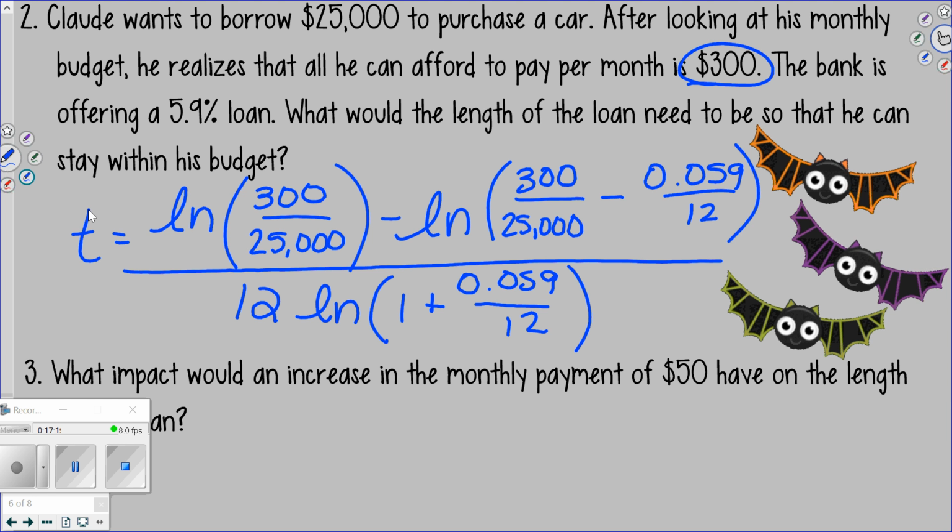Natural log, it automatically opens that. 300 over 25,000 minus natural log again. Time is always in years. All right, so take some time. Let's type it in. Make sure we can get the right answers on these calculators. We're using different buttons. Yeah, especially scientific people.